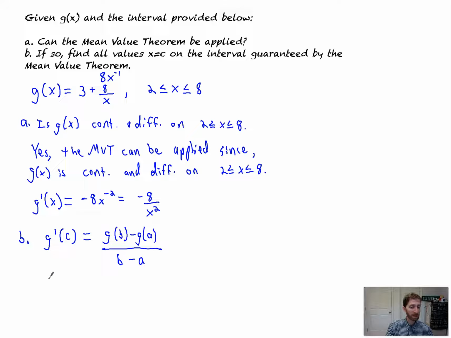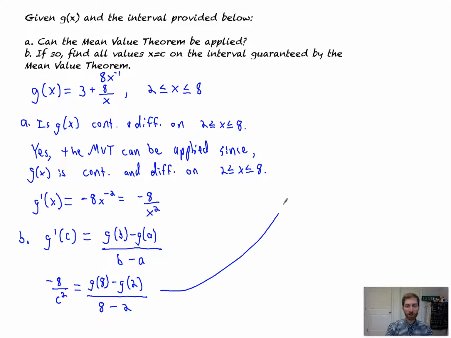We don't know what c is, but we've got negative 8 over, it's normally x squared, right? So I'll call it c squared, because you're saying at the x value called c. You could call it x as well. That's equal to, now we're going to plug in g of 8 minus g of 2. Again, what we're essentially doing here is finding the slope between 2 and 8, the average rate of change, all over 8 minus 2.